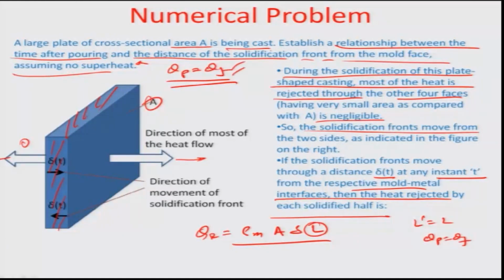We are assuming that the pouring temperature is nothing but the freezing temperature. So the L dash term, which was L plus Cm times the difference between the thetas, that is theta pouring minus theta freezing, would be the 0 component, and L dash and L will be similar to each other. So therefore it is only the heat of solidification which actually comes out and it has to be rejected.